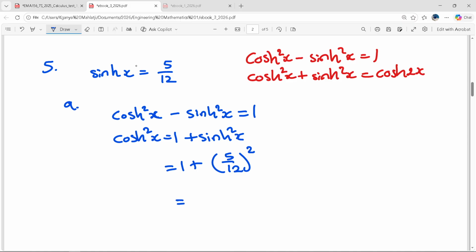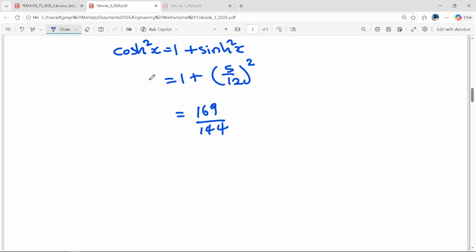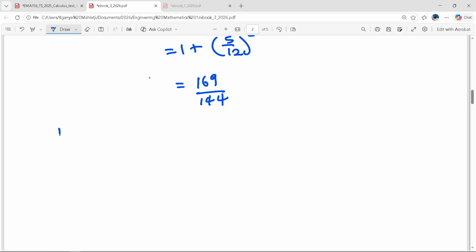Therefore you can just punch everything on your calculator to be quick during your test. Therefore you'll have 169 over 144. Then let's go to number B.